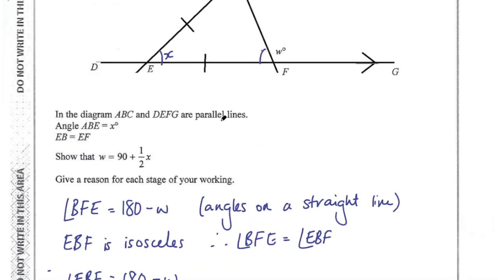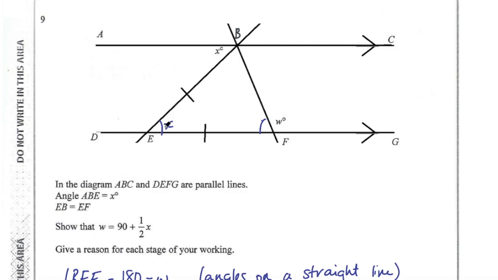And now we can say, we've said this is X, we've said this angle up here is 180 minus W, and you could use angles in a triangle adding up to 180 to relate the W and X, but I'm going to use the exterior angle of a triangle rule, which says the exterior angle of a triangle adds up to the two opposite interior angles.